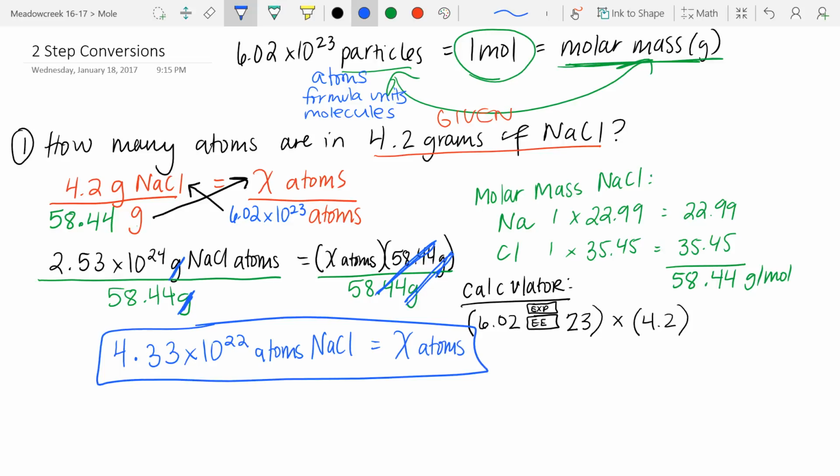The atoms on both sides match, so we're good to go. So essentially, this is the exact same thing that we were doing, except now we're avoiding the moles. We're using both of our conversion factors at the exact same time. So same steps, just all kind of combined together.